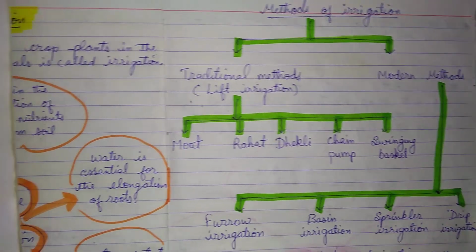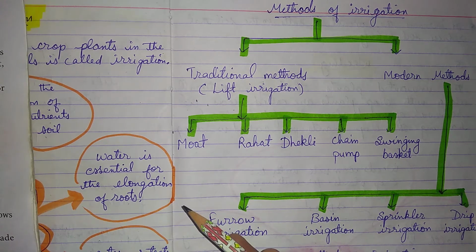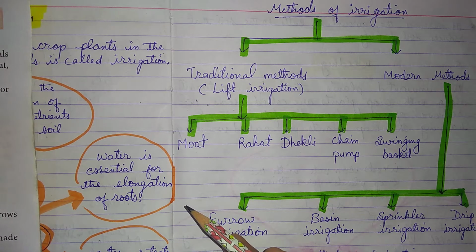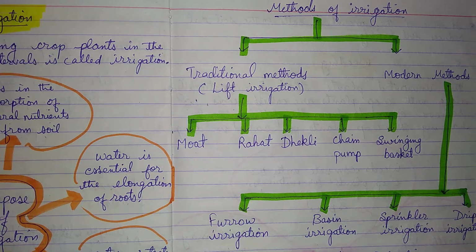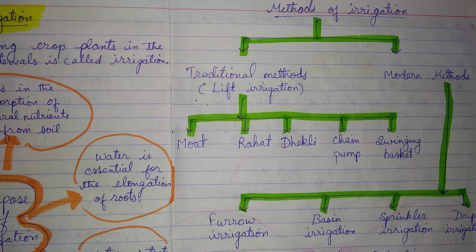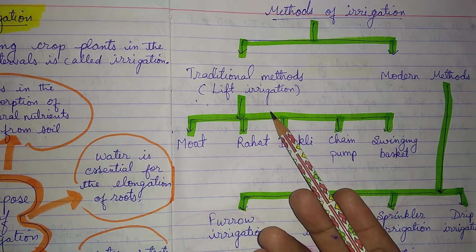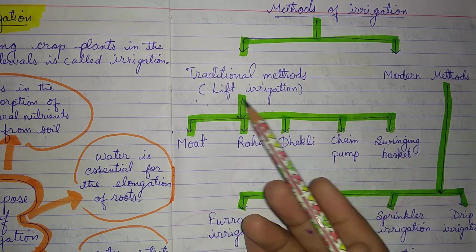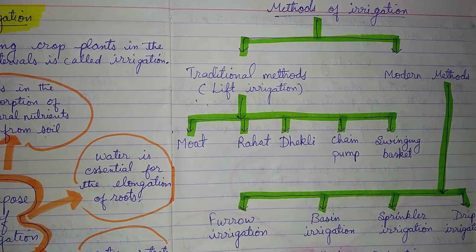In the traditional method, water from wells, lakes or rivers is lifted up and delivered to the irrigation canals or is pumped into the fields using a variety of methods such as pulley system or moat, rahat, dekli, chain pump, swinging basket, etc. Water is lifted up by using bullocks, or pumps operated by diesel, biogas, electricity or solar energy. Hence, the traditional method forms lifting irrigation. We can call it lifting irrigation also.